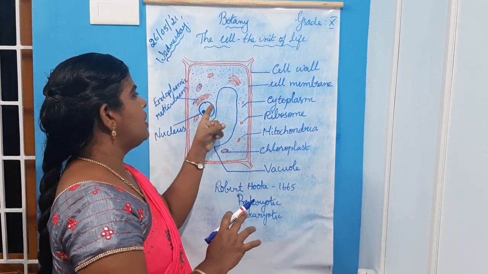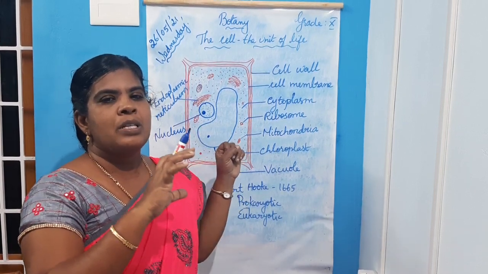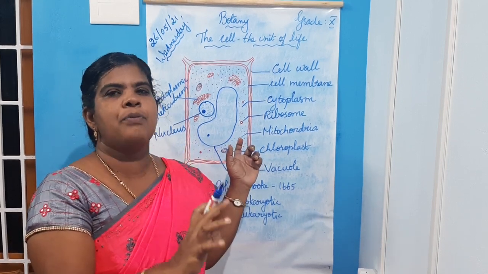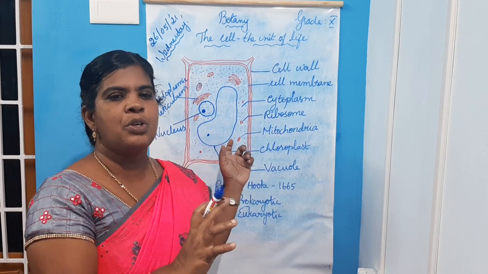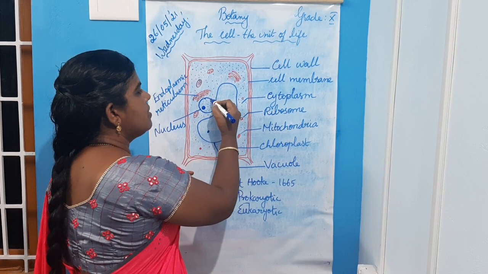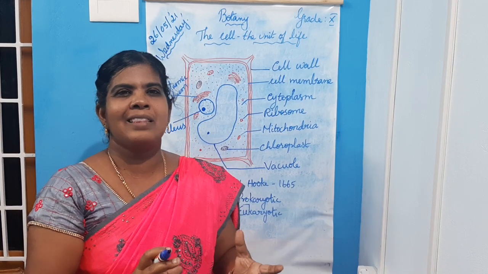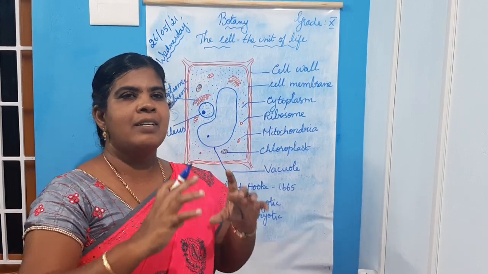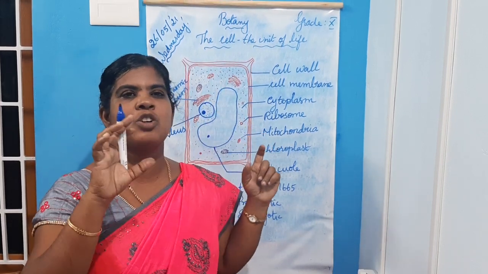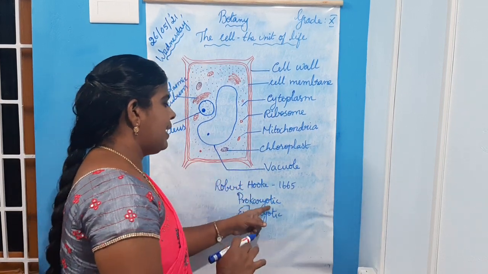You all know that the nucleus is the controlling center of the cell. Nuclear membrane means the nucleus is surrounded by a membrane. So the cell which lacks the nuclear membrane, and whose organelles present inside the cytoplasm are not bounded by membrane, is said to be prokaryotic.